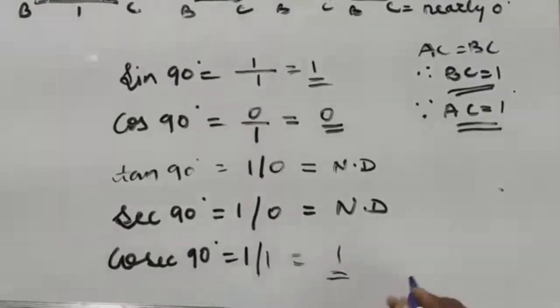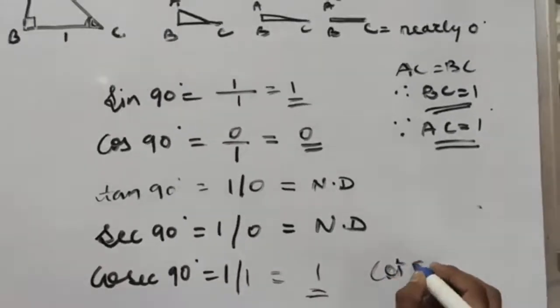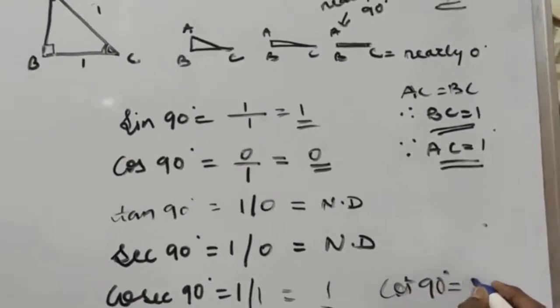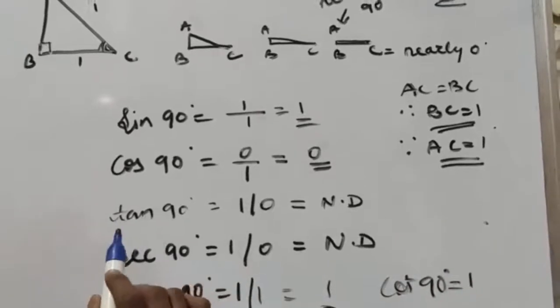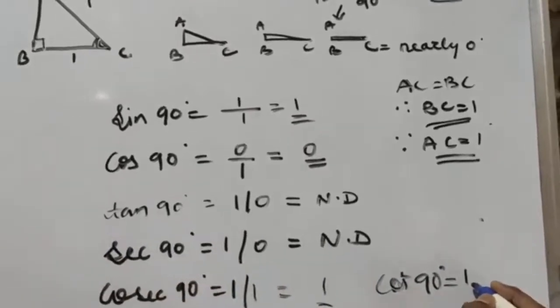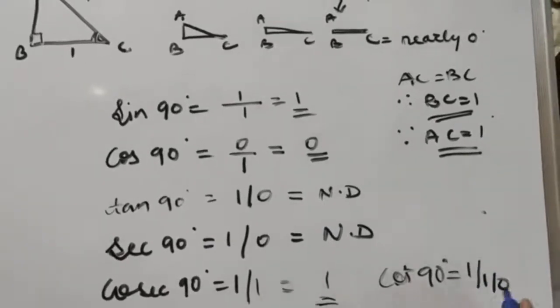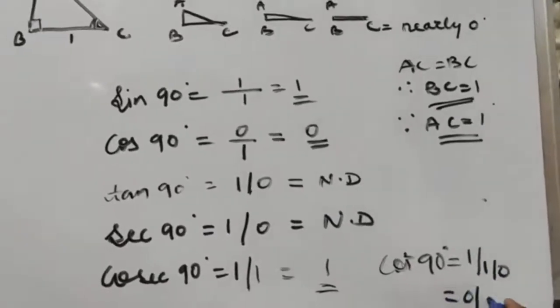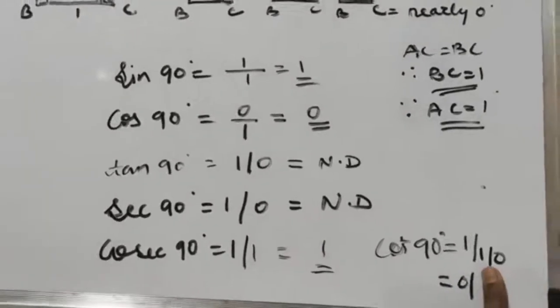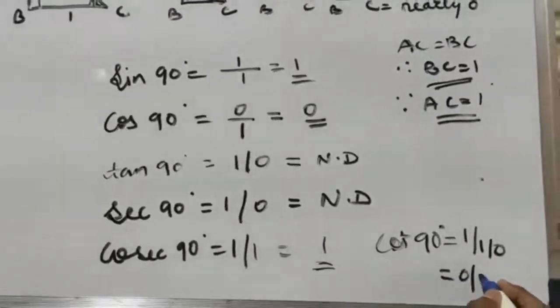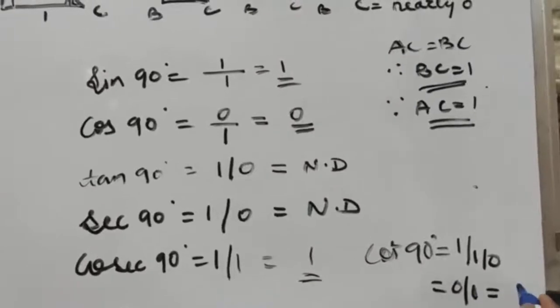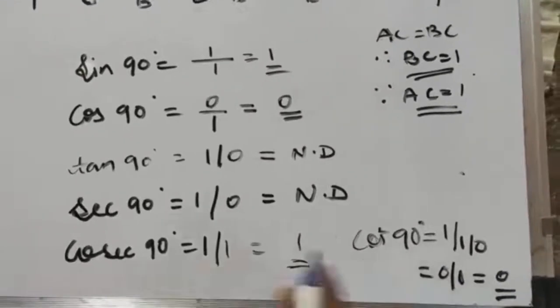Any doubts? For cot 90 degree, it will be 1 upon tan. Here the value of tan is not defined. That means 1 upon 1 by 0. So this is as good as 0 by 1. My mistake, 0 by 1. So the value will be 0 again.